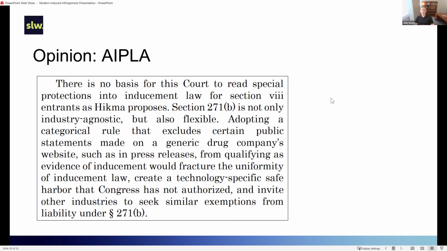Either as sort of a punctuation on a string of Federal Circuit cases, starting with GSK, that sort of eliminate the opportunity for a generic rights holder to use the Section 8 carve-out to capitalize on certain market situations where they know that their generic drug is going to be prescribed for off-label use that infringes a patent.